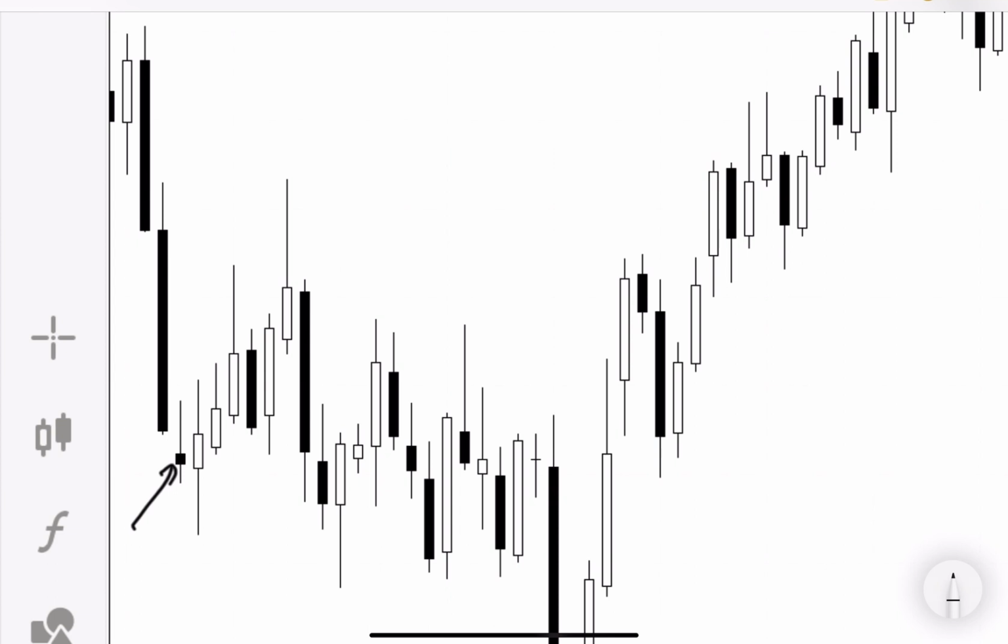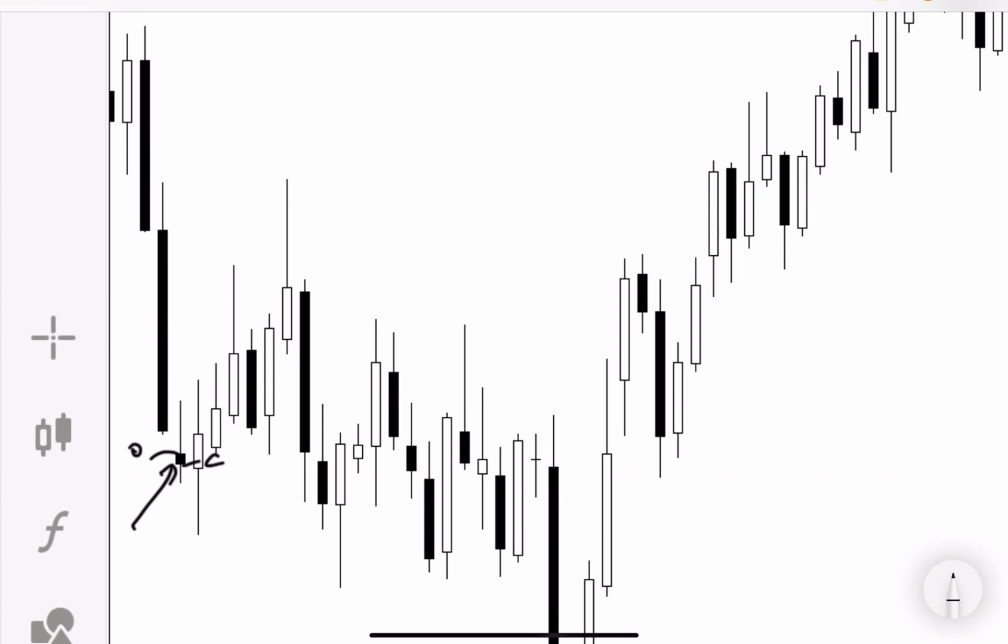It basically shows that there was a struggle between buyers and sellers. That's why the market made wicks to the upside and downside, but it closed very near to the opening price. So it opened here, then it closed here. So this shows indecision.